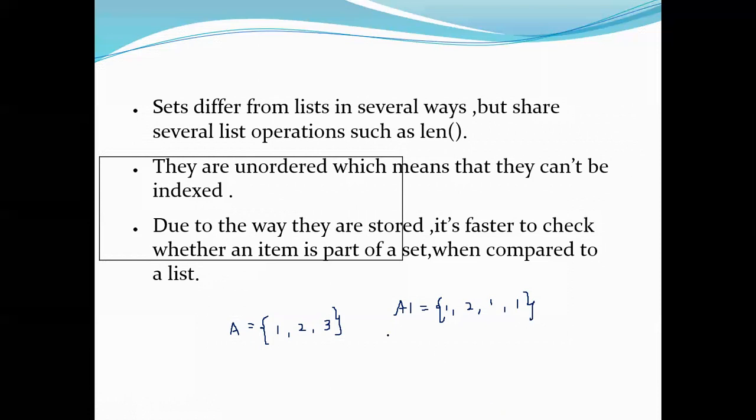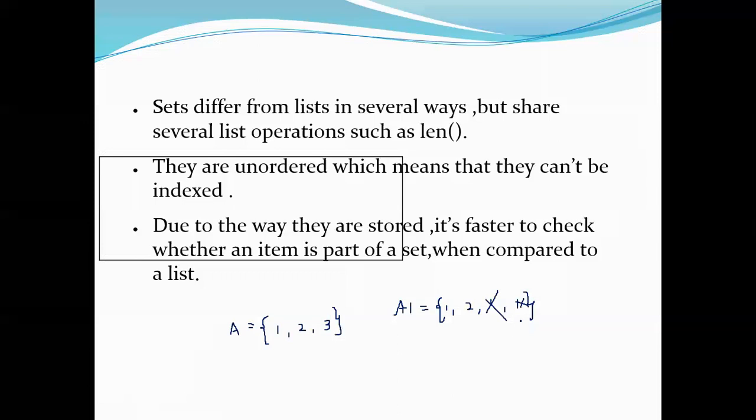So if you print A1, I will get only 1, 2, and I will not get the repeated values. Why? Because they are duplicates. If you try to add an element into a set which is already present, it will not include that element.